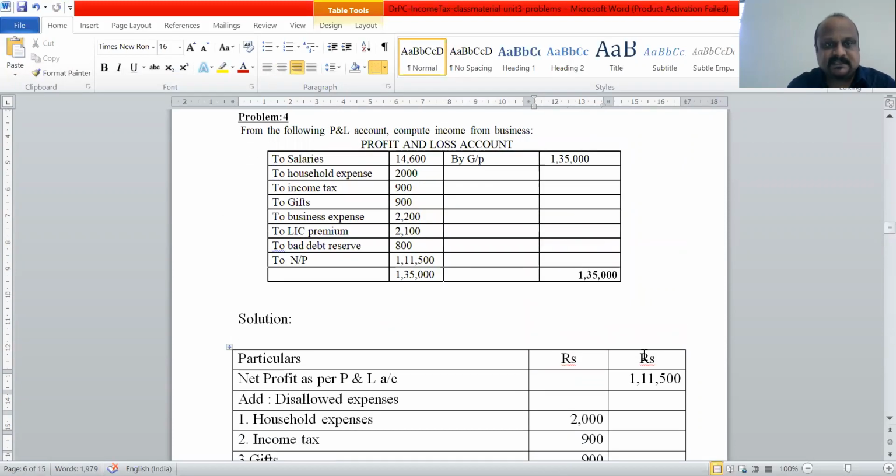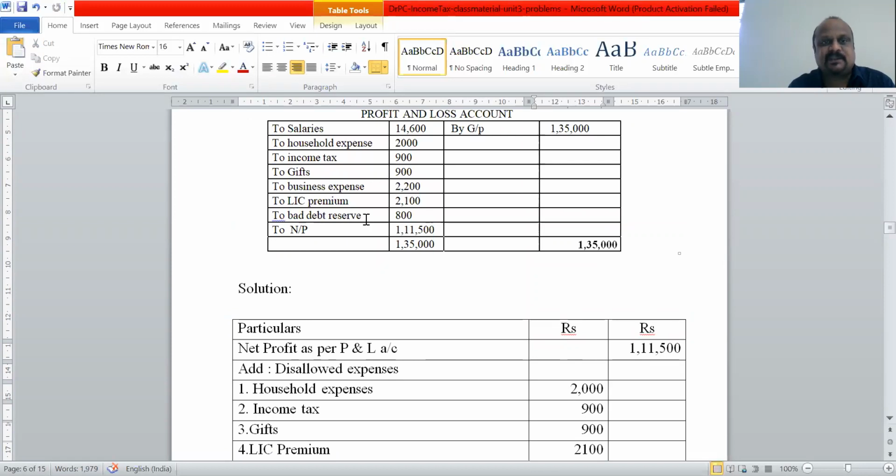Next is bad debt reserve. You can see here he is maintaining a reserve for which he has debited so much. In a sense, he is adding so much to reserves. If bad debt expenses are actually incurred, then they are allowed. But as I said earlier, anything going to provisions or reserves is not allowed, so we have to add it back.